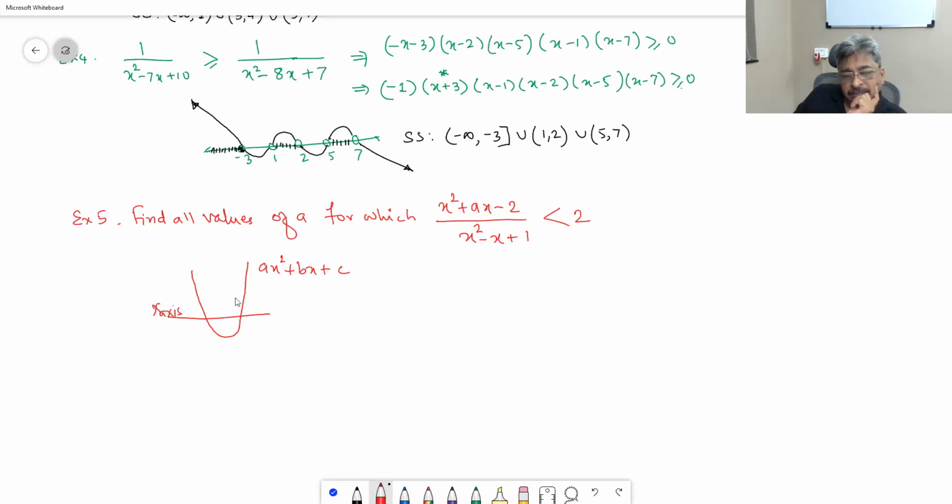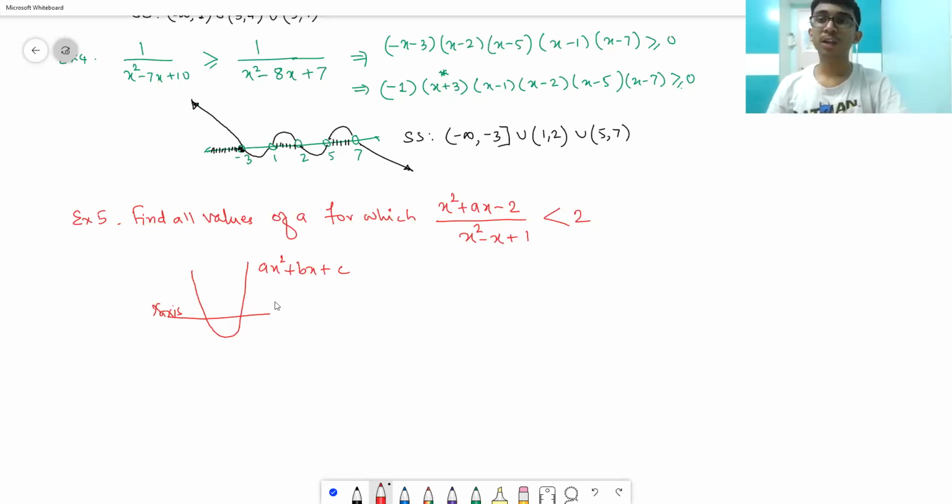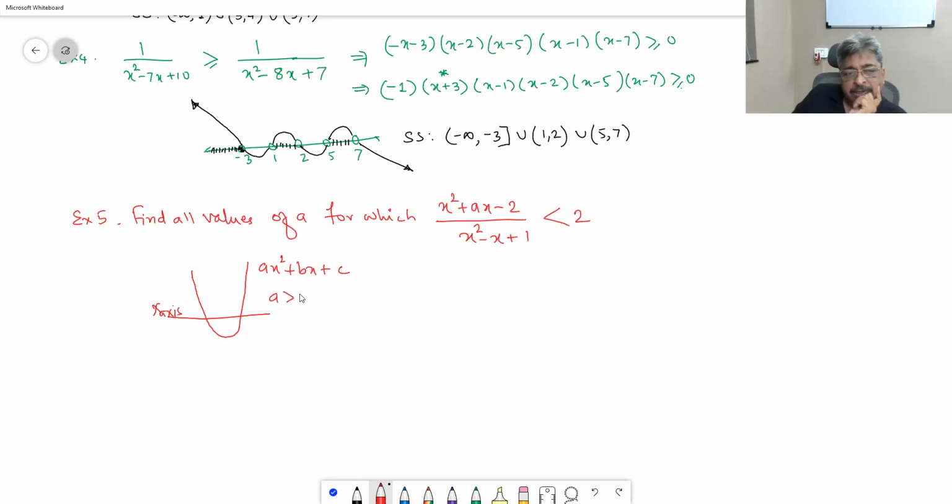Can we recollect? A is greater than 0 and delta is greater than 0, right? So this was our first graph. Second graph like this.